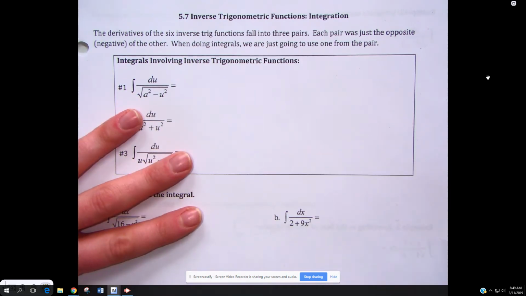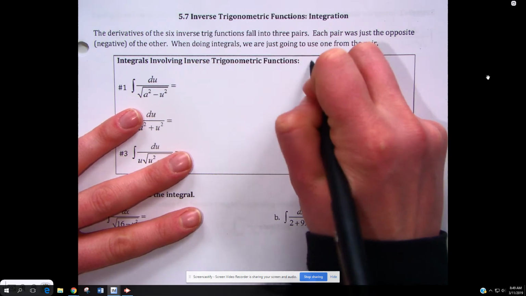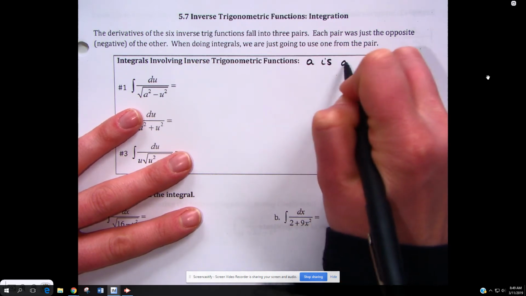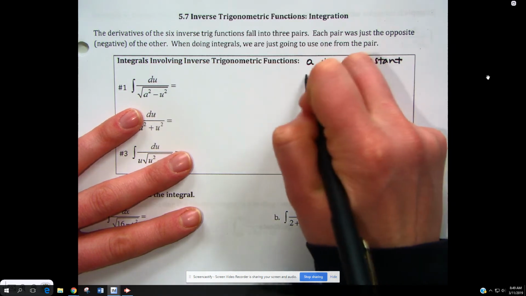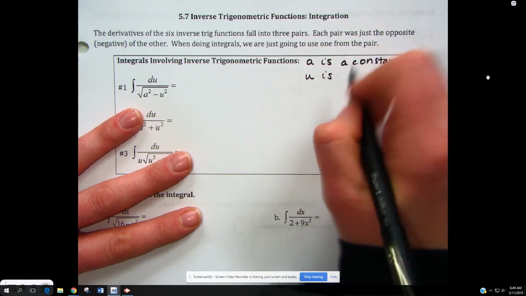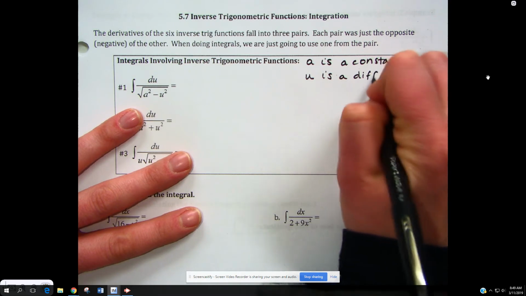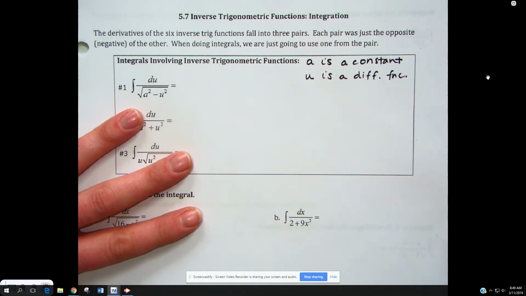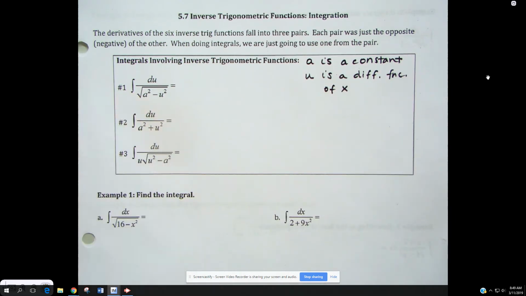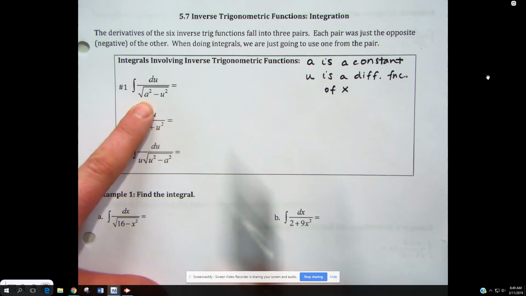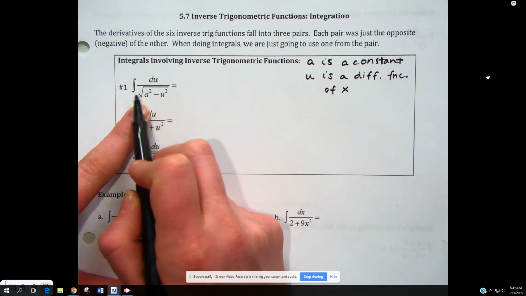In all of these formulas here, I want to make a note for you guys. A is a constant. And our u is, again, a differentiable function of x. So you're looking for patterns with these ones. You're going to have the square root of a squared minus u squared. Notice there's a square root.